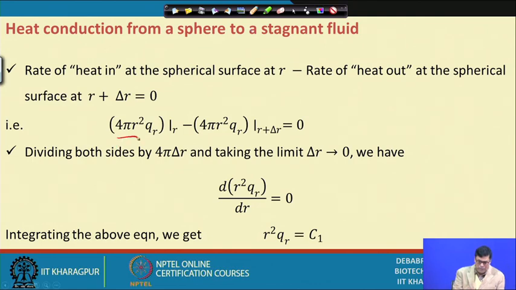This is the surface area, am I right? The surface area of a sphere is 4 pi r square, so 4 pi r square q r at r, and 4 pi r square q r at r plus del r. Now, if you divide by 4 pi del r, and del r tends to 0, we can write this equation in this form, and integrating, we can write r square q r equal to C1, where C1 is a constant.